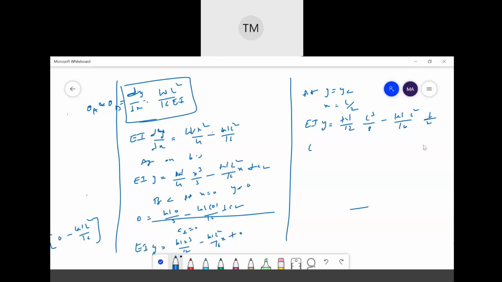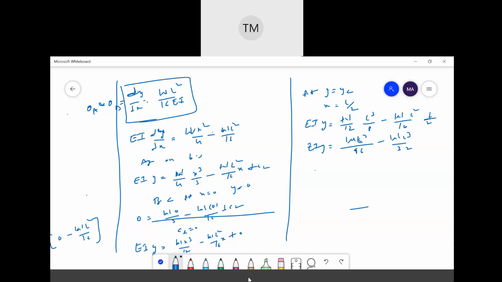EI y is equal to WL cube by 96 minus WL cube by 32.